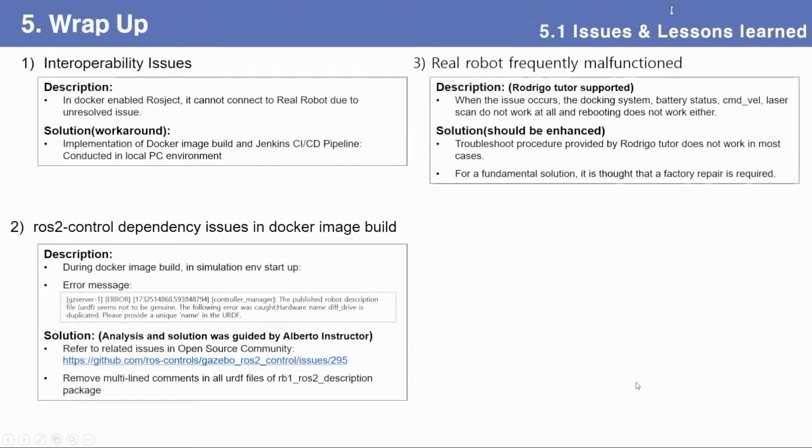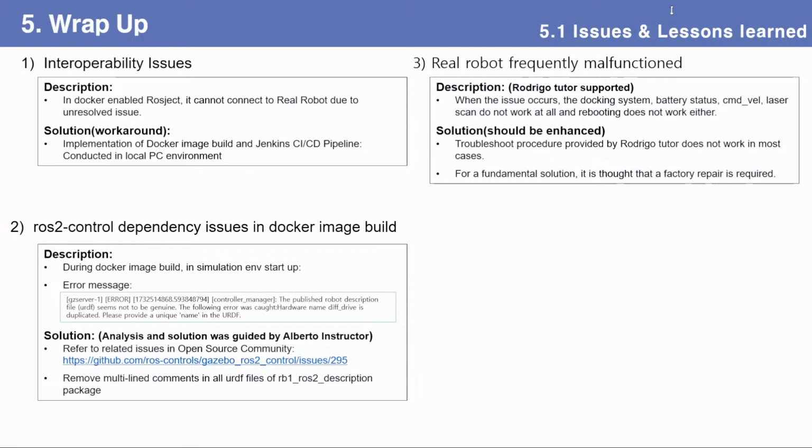Then to wrap up, the lessons learned. I faced some issues during my project, but just for your information, I would like to show you. Number one, an interoperability issue in Docker-enabled robotics. It could not connect to the real robot due to an unresolved issue.